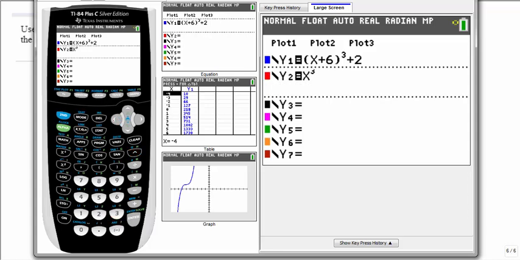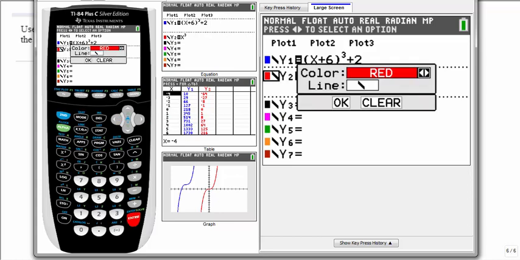Now if you notice over here, if I go clear to the left, I can change the colors of these graphs. So you see how this is flashing? This graph will be blue, this one will be red. You can also change whether they're dotted or different shapes there. And if I remember, we could change our line to dotted.